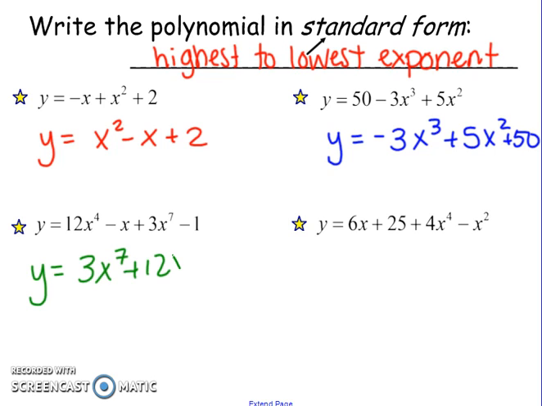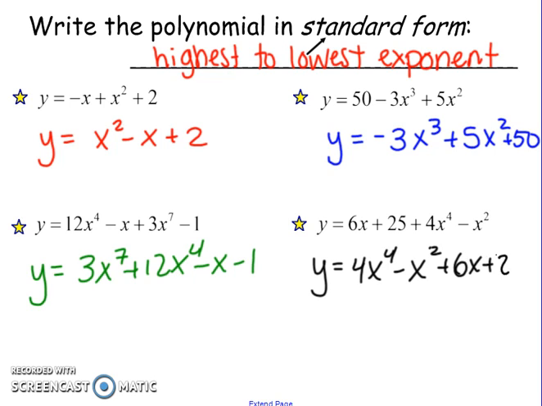And the 12x to the 4th. Then the minus x, then the minus 1. And the last one, 4x to the 4th goes first, minus x squared plus 6x plus 25. And those are all standard form.